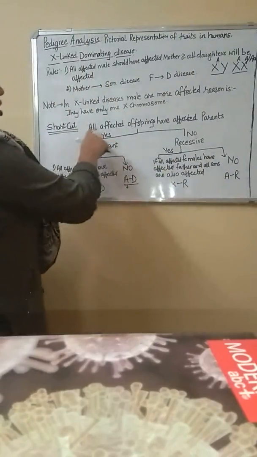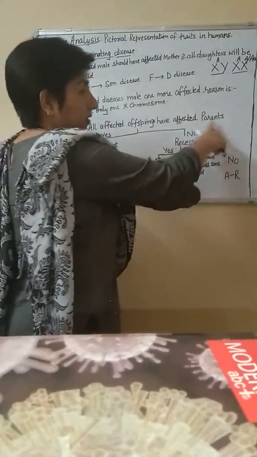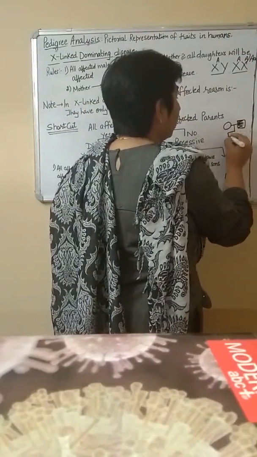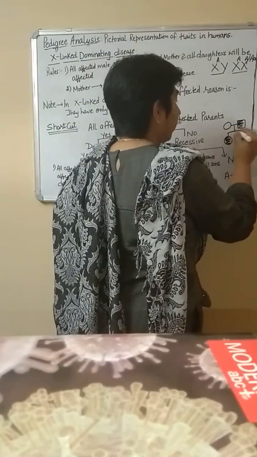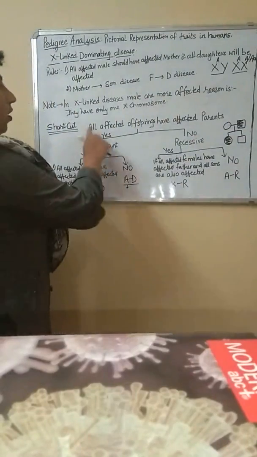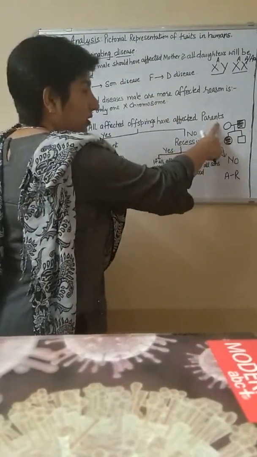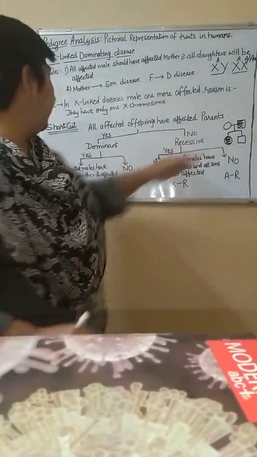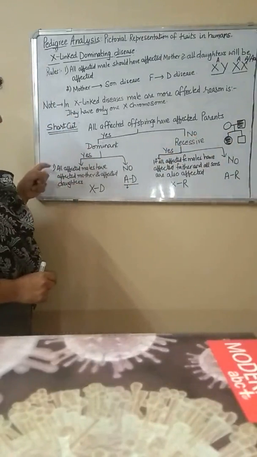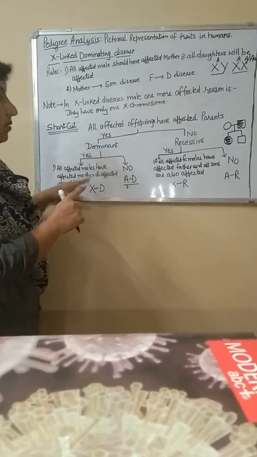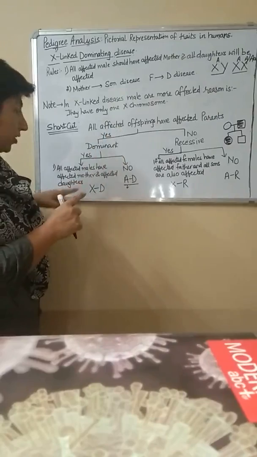Now let's see. All affected offspring have affected parents. That means the affected offspring will have affected parents; out of the two, one will be affected. If this is true, if yes, then we have to check: all affected males have an affected mother and affected daughters.